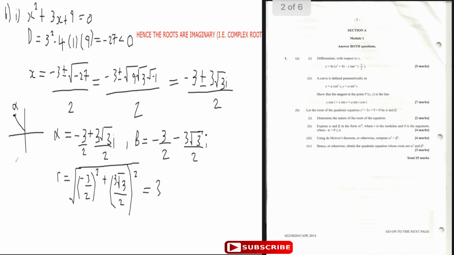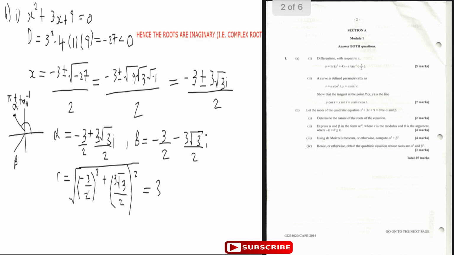To find the angle with the positive x-axis, in the third quadrant it is tan inverse of b over a minus pi, and in the second quadrant it is pi plus tan inverse b over a.